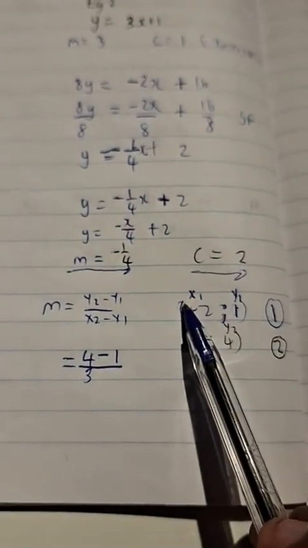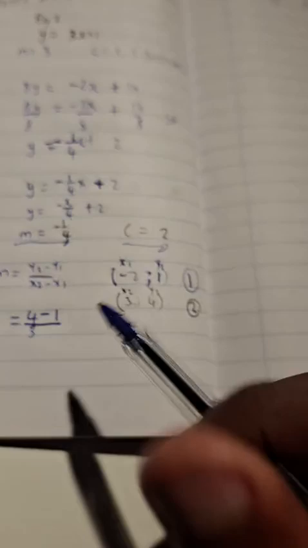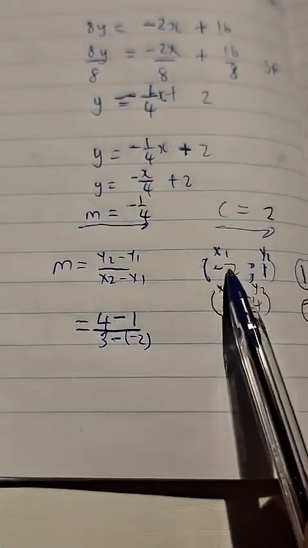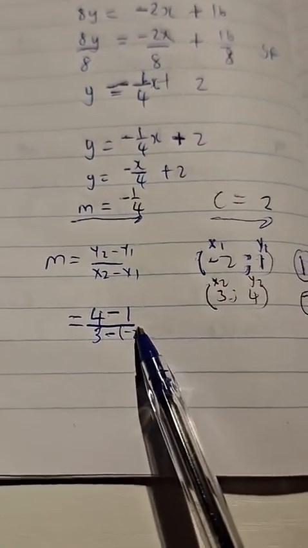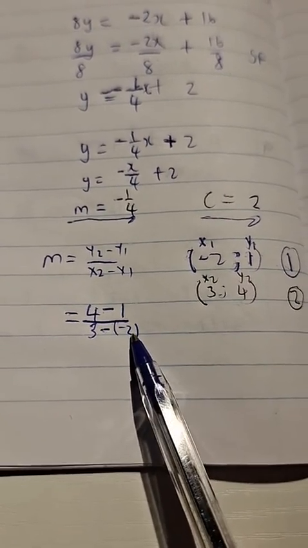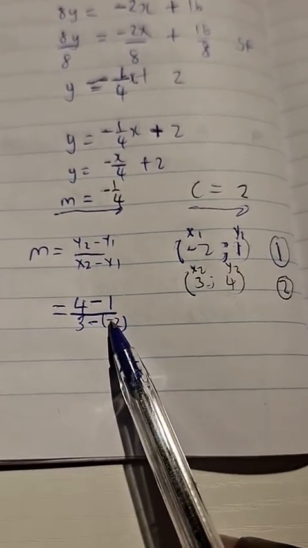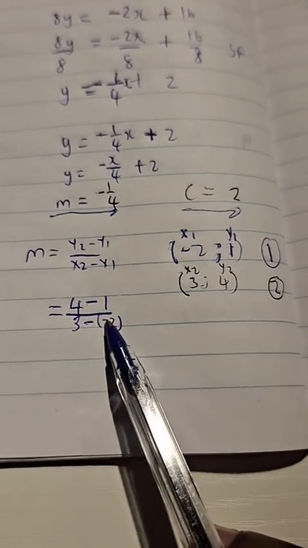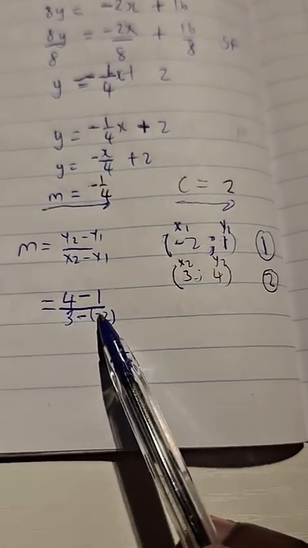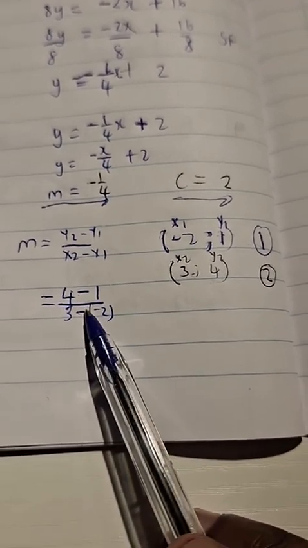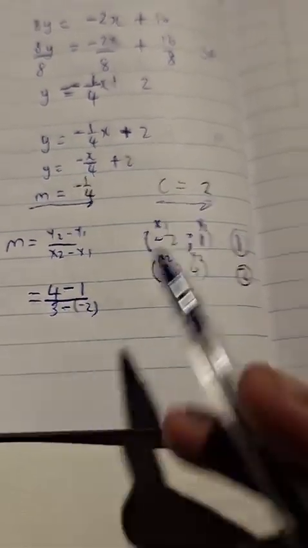And then x1. Remember, there's a minus sign already in the formula, and then we're following it up with another minus sign. So, out of caution, we make sure we put this second number in brackets. Why? Because it has a negative sign, right? And we know that when there's a bracket and another sign, that means we need to resolve that sign by asking ourselves, what's a negative times a negative?